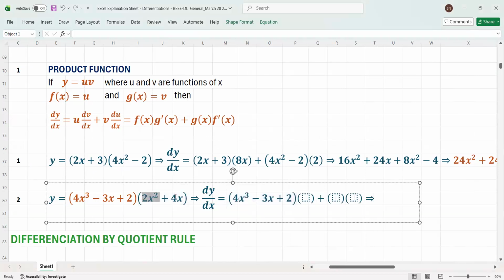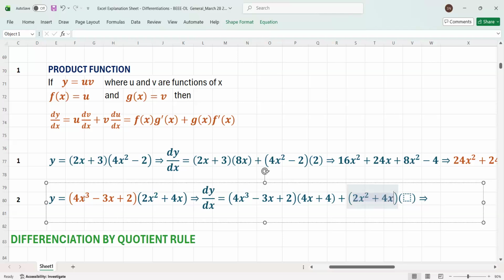Now, if I differentiate 2x squared, what would that give me? I'll get 4x. And then if I differentiate 4x, what would that give me? 4. 4. Okay. So 4x plus 4. Now I'm going to keep rather 2x squared plus 4x constant.